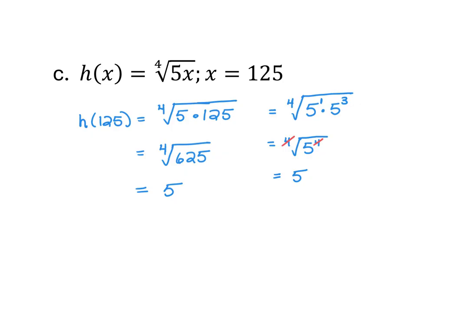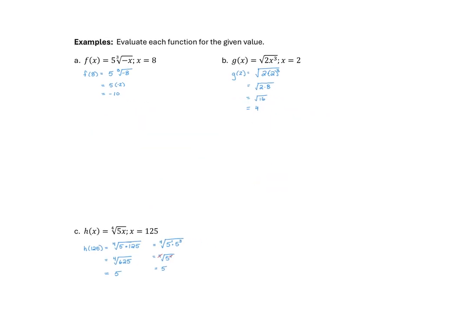And in previous math classes, and we'll see it later on in this section, we use squares to get rid of square roots. And same thing with cubes and cube roots, fourth powers and fourth roots. These all cancel each other out. All right, that takes care of these examples.